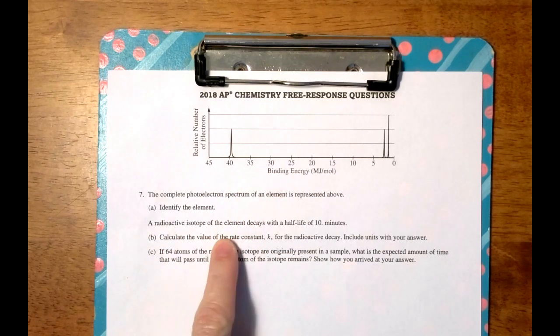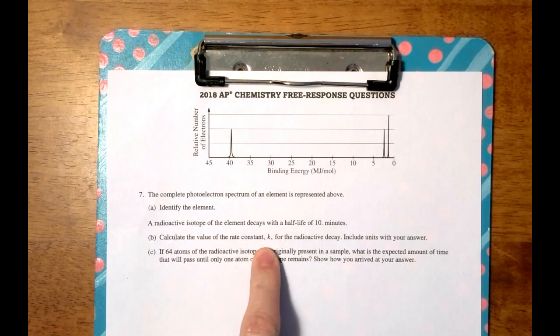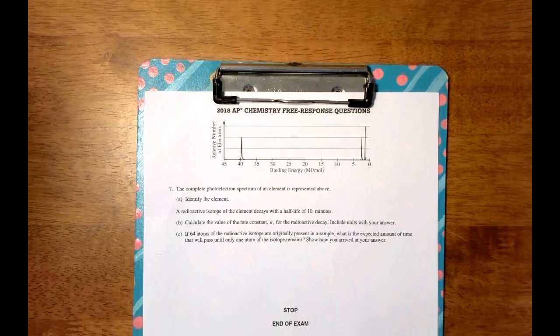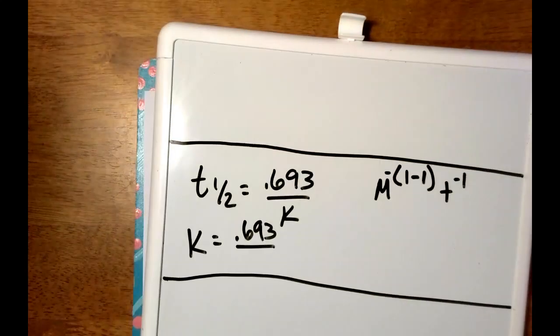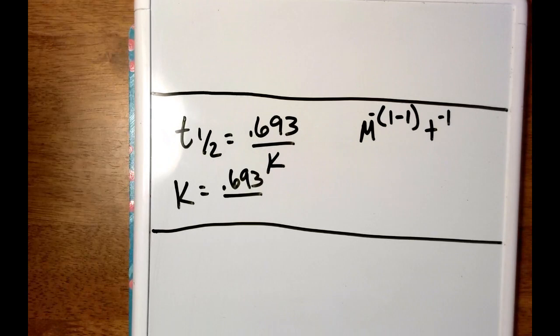A radioactive isotope decays with a half-life of 10 minutes. We are asked to calculate the value of the rate constant K, and we were told to include units in our answer. So for this, we can go to our equation sheet.